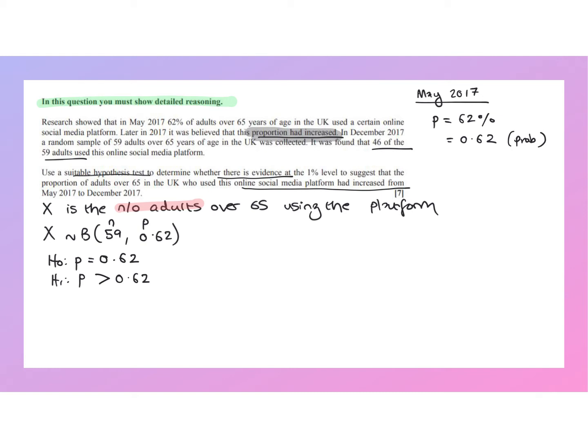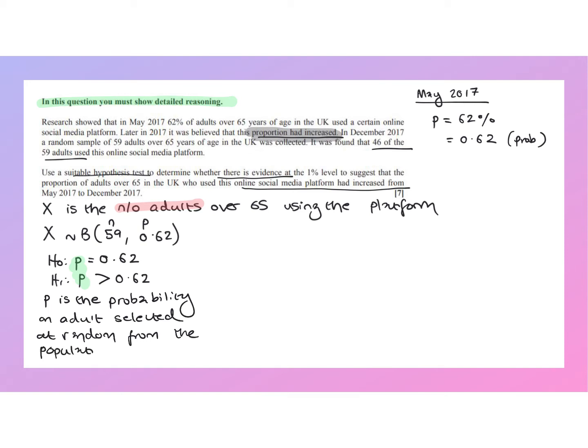We must define what P is. Okay, we've introduced this letter P. We've got to be clear about what it is. P is the... Now, you can define this in different ways. I'm going to say P is the probability an adult selected at random from the population uses the platform.